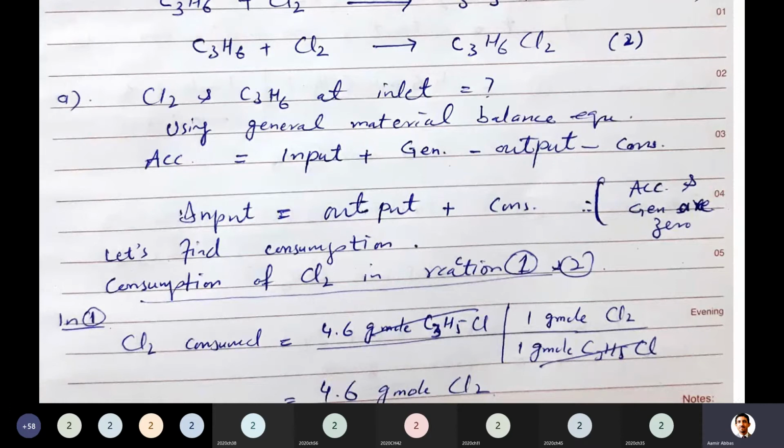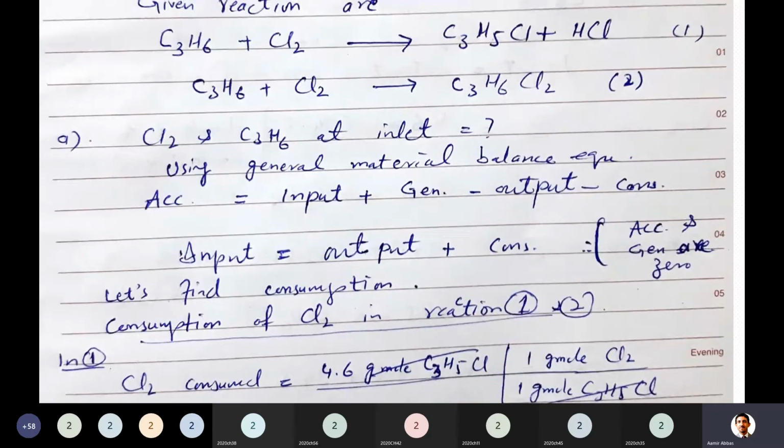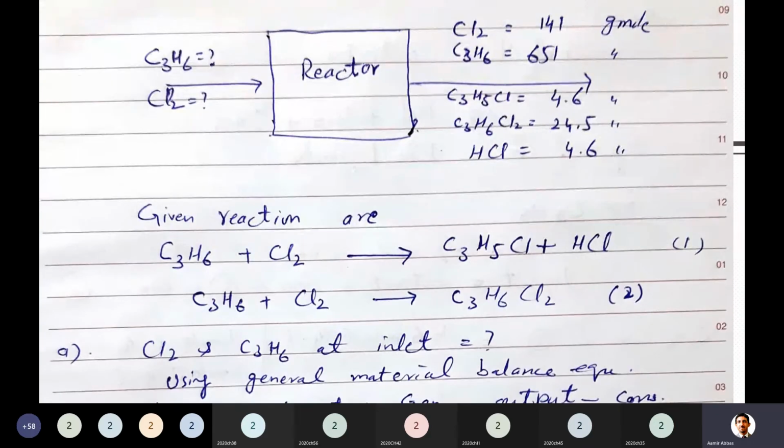If I take HCl or C3H5Cl, how many moles of C3H5Cl are produced? They are given as 4.6. All those who don't know where they came from, they are given in the diagram. You can see that C3H5Cl and HCl, 4.6 moles of each are available. They have equal moles at the outlet.